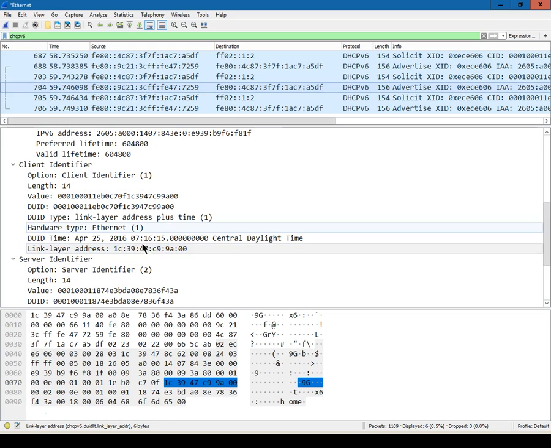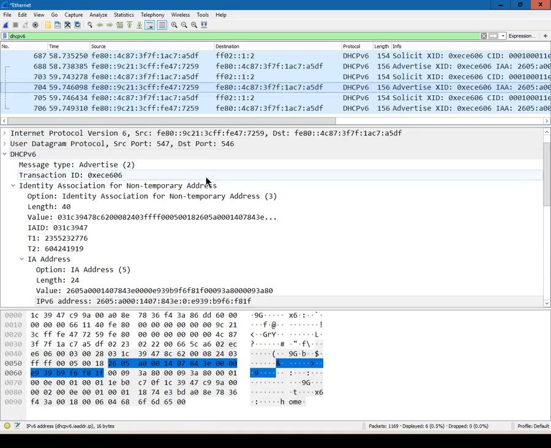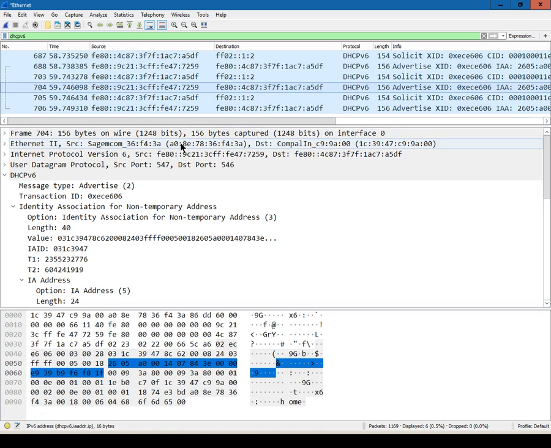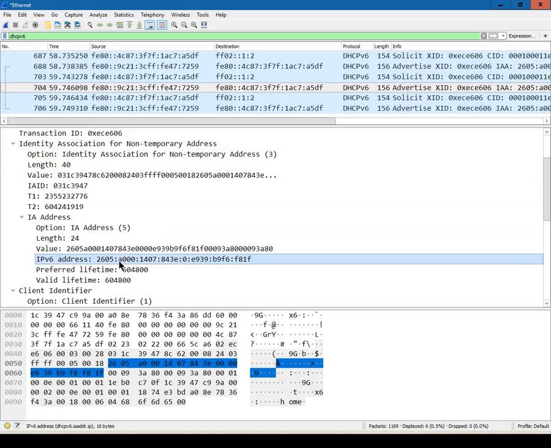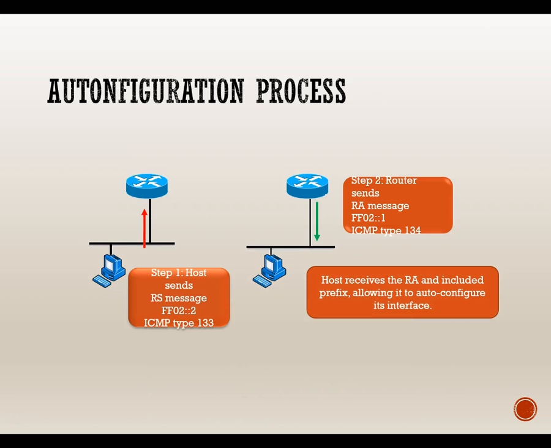Yeah, here we go, 2605:A001:4078:43. But then we get an entire IPv6 address. It's trying to be a DHCP server when I really want it to only tell me what the prefix is.